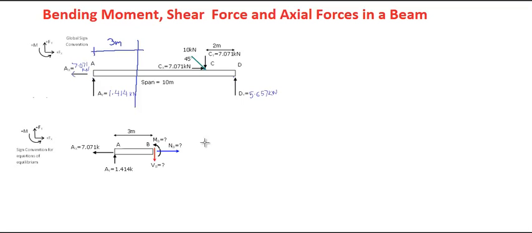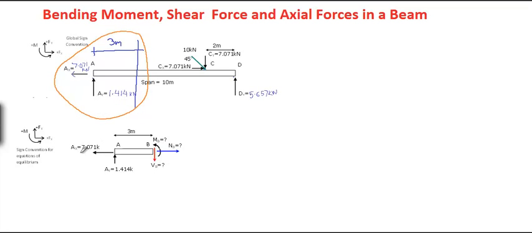So once we cut the beam, let's say we take the left hand side of the beam and make the free body diagram of this side. This side of the beam should look like this.